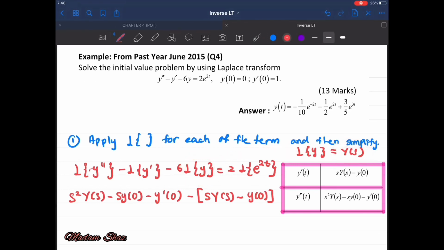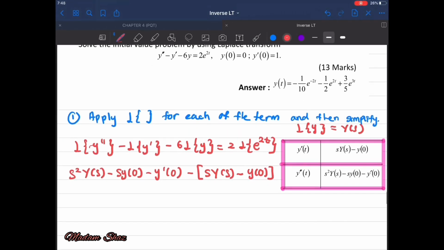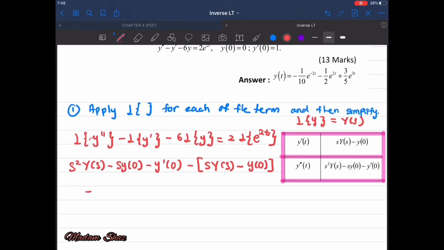So minus 6Y(s) is equal to 2 Laplace exponent 2t. So from here, our a is equal to 2. By referring to the table of the Laplace transform, 2 will be multiplied by 1 over s minus 2.